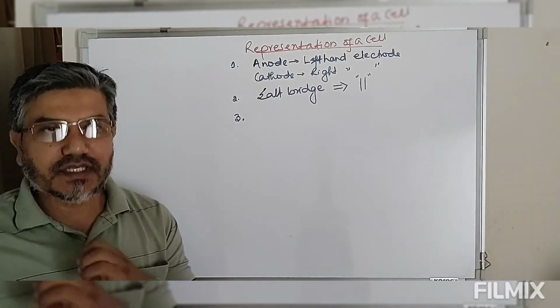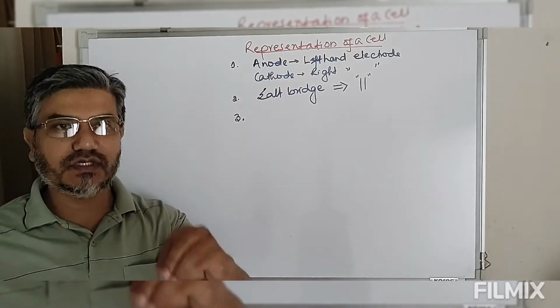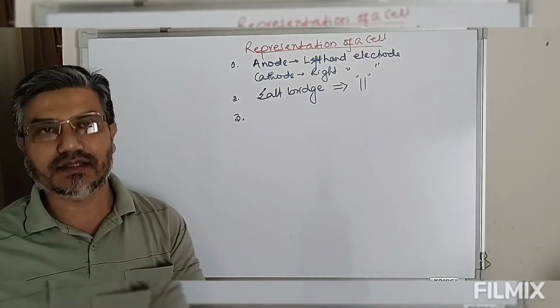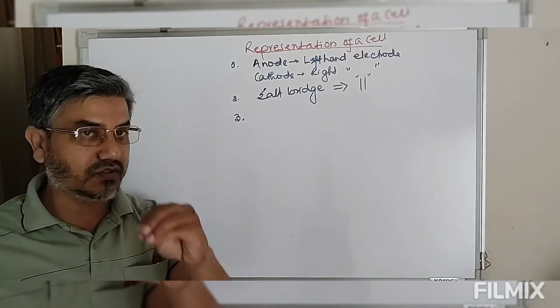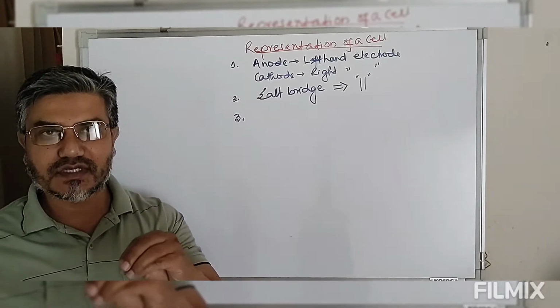Now in each electrode we have a metal rod which is dipped in an aqueous solution of the same metal. So we have a metal rod that is solid, which is dipped in an aqueous solution of a salt of the same metal.